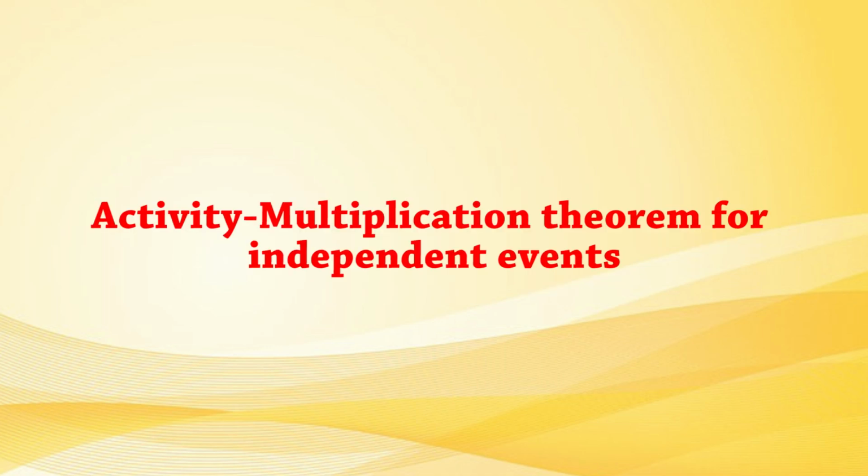Now, we shall look into some problems and its solutions on multiplication theorem of probability for independent events. The first bag contains 8 yellow and 3 orange balls. The second bag contains 5 yellow and 6 orange balls. A ball is selected from each bag. Find the probability that they are yellow.